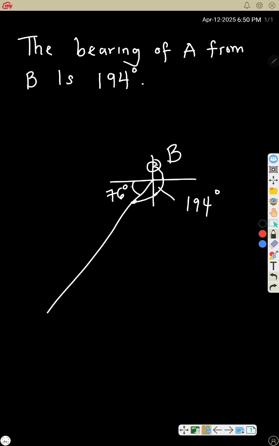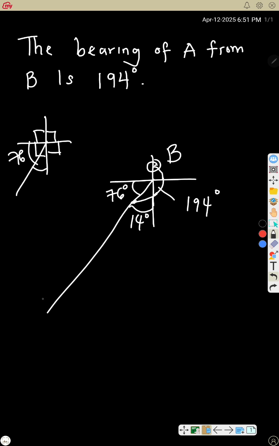If I know the remaining angle, I can actually know this part. Don't forget, for any bearing, each angle in each quadrant is 90. From here, I already have 76. Then what should be the remaining? That should be 90 minus 76. So that's how you get the remaining angle. What is 90 minus 76? This remaining angle is 14 degrees.